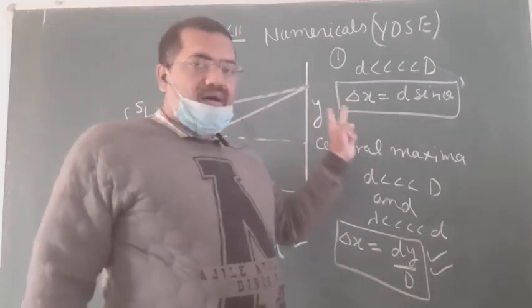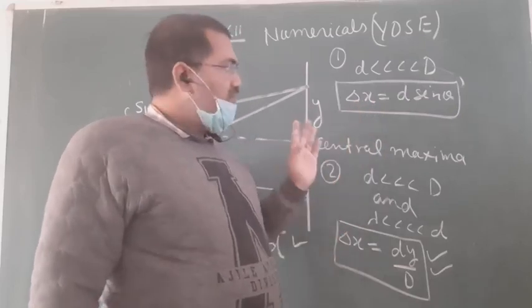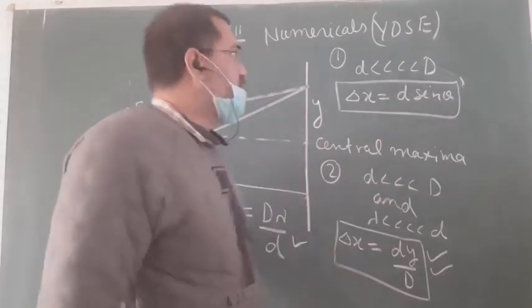And for maxima, you should put delta x equal to n lambda, and for minima, you should put delta x equal to (2n plus 1) lambda by 2.